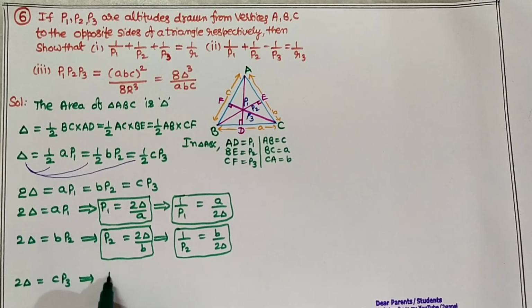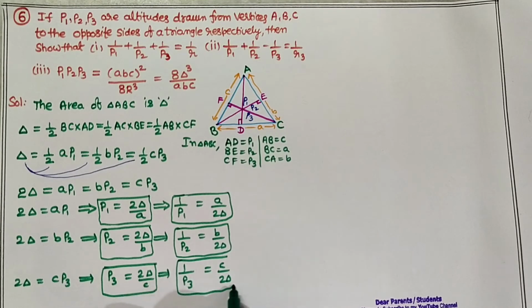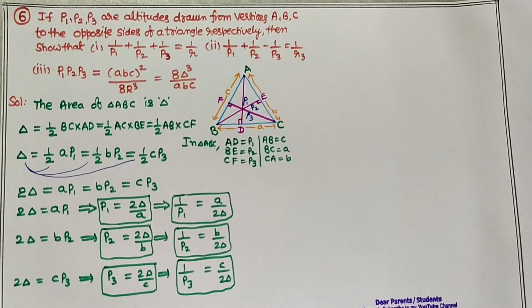That implies P3 equal to 2 delta by C, and 1 by P3 equal to C by 2 delta. This is the information from triangle ABC. We have that. So now one by one we will consider, and we will get the answer.